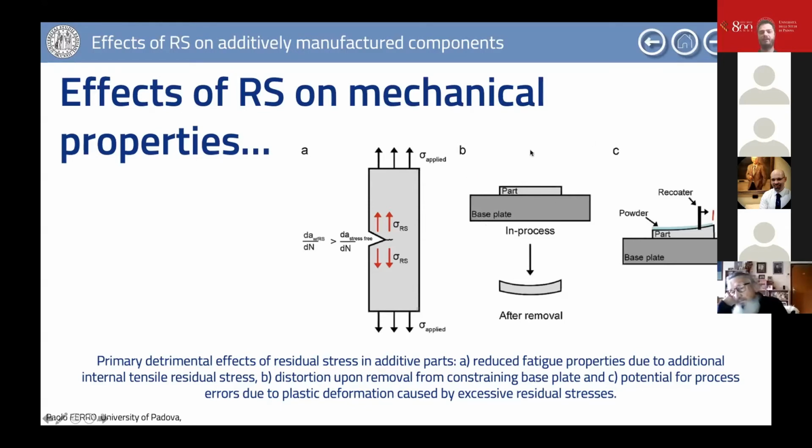Then the second detrimental effect is that we have a distortion once we remove the component from the constraining base plate. And finally, during the process itself, residual stress, or thermal stress in this case, can induce deformations of the components that can stop or fail the process itself, as you can see in the schematic in figure C on your right in this picture.